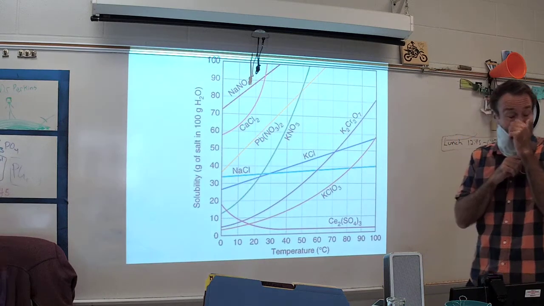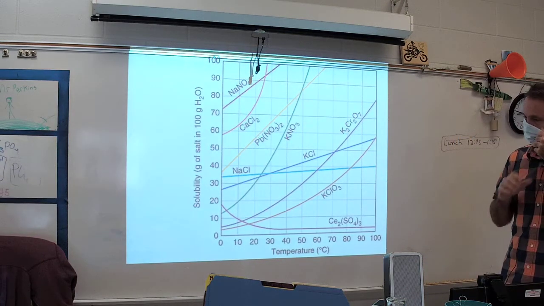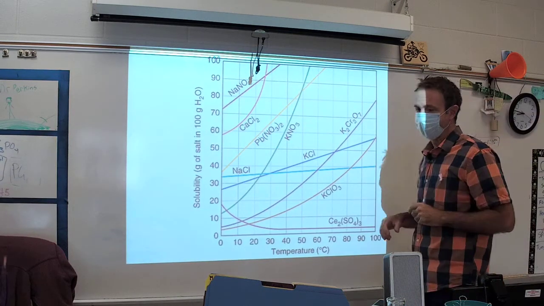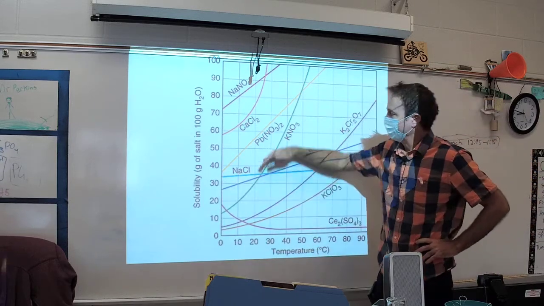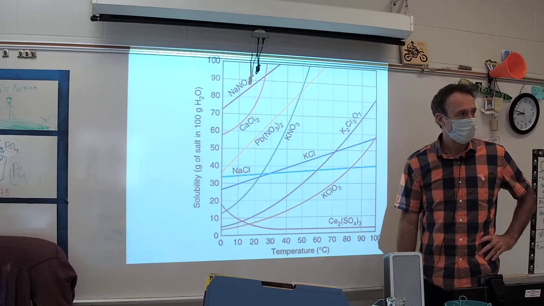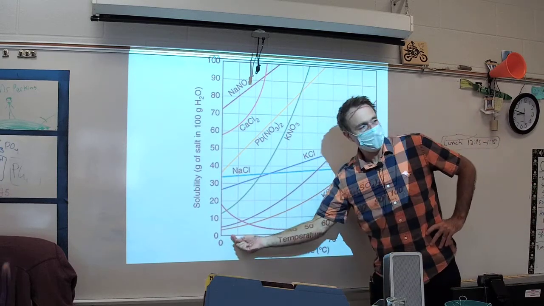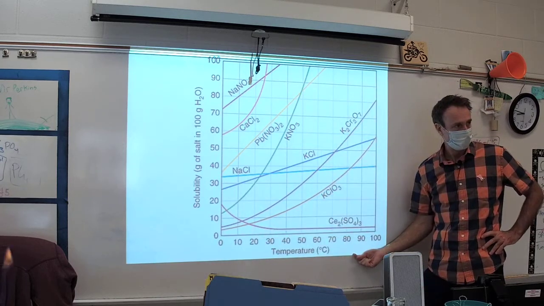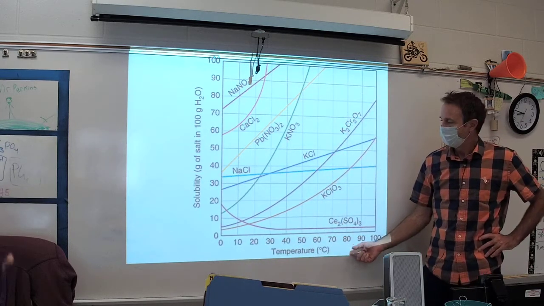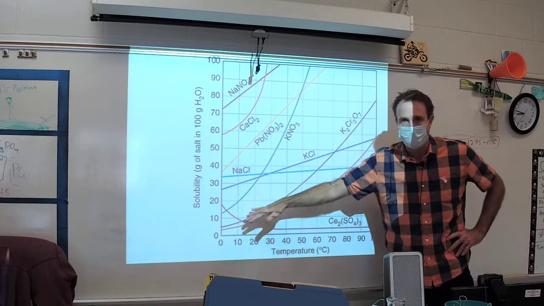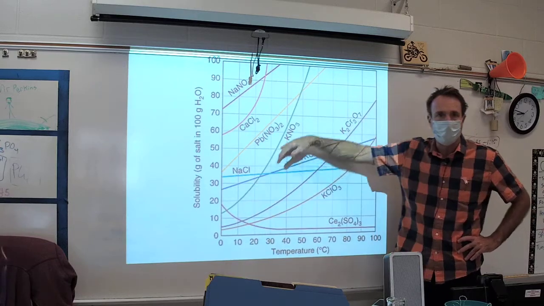All right. So what does that lead us to? We can graph the ability of a solute to dissolve in a solvent, and look at what's changing down here. If you look on the x-axis, this is temperature. So what does this tell you about most powders as they dissolve in water?